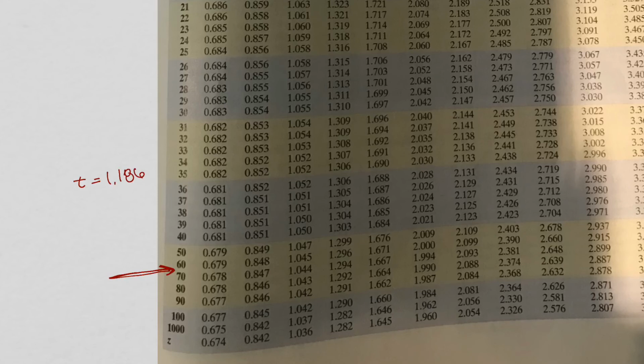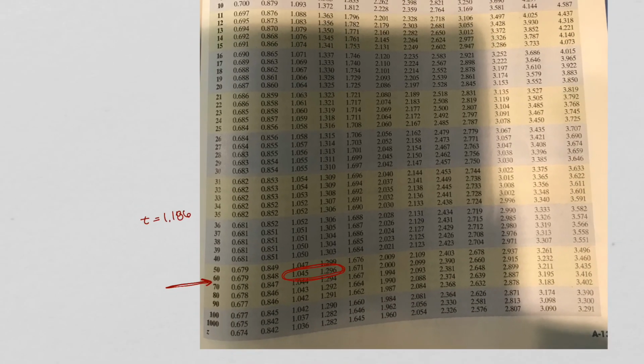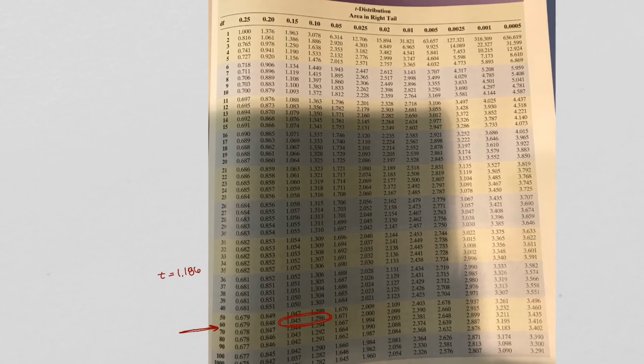So let's use the positive t-score 1.186. Where's the bounds there? Looks like it's between these two scores. And if we go up here, that's between these p-values. Right? So the p-value is between 0.10 and 0.15.